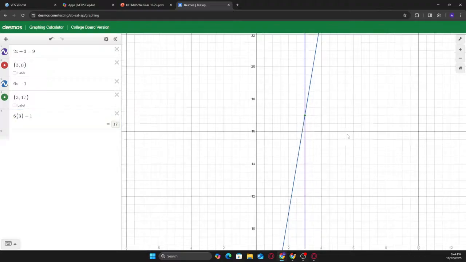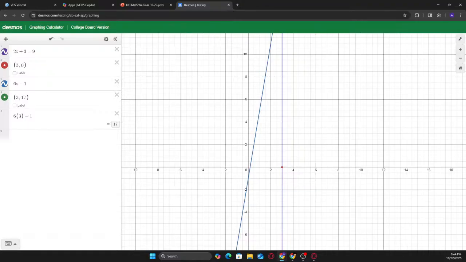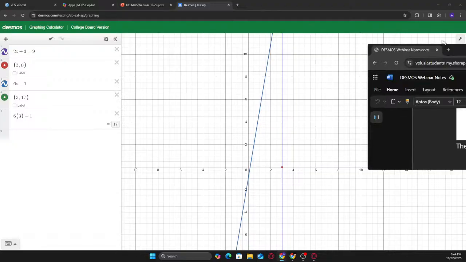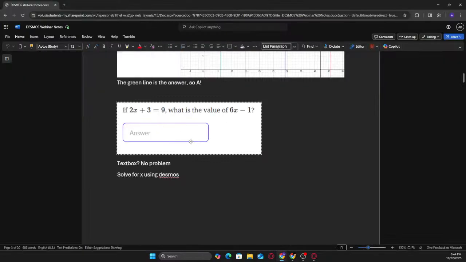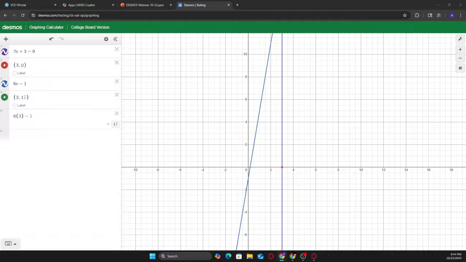So we have 2 ways to actually figure out such a problem. If you don't know what problem I'm looking at, I'm looking at this one right here. It says, if 2x plus 3 equals 9, what is the value of 6x minus 1? Well, we just found it to be 17. So that's an easy problem right there.